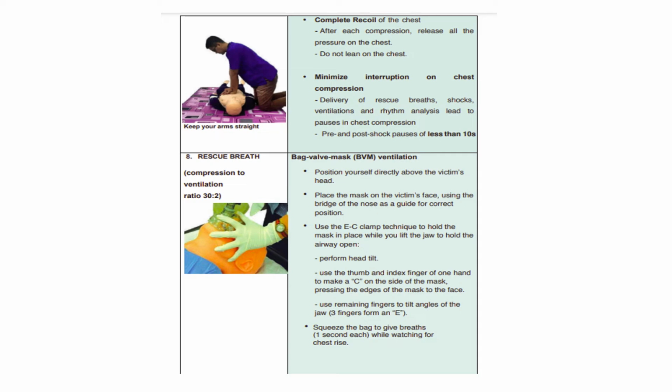So perform the head tilt. Use the thumb and index finger of one hand to make a C on the side of the mask, pressing the edge of the mask to the face. Then use the remaining fingers to lift the angle of the jaw. The three remaining fingers will form an E.